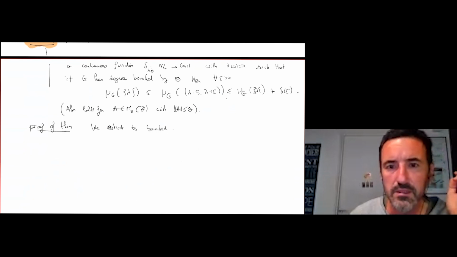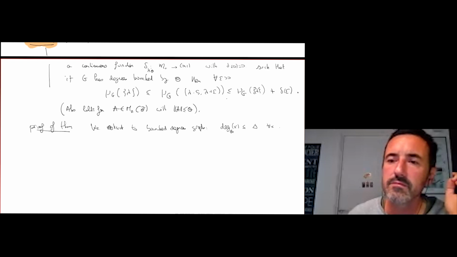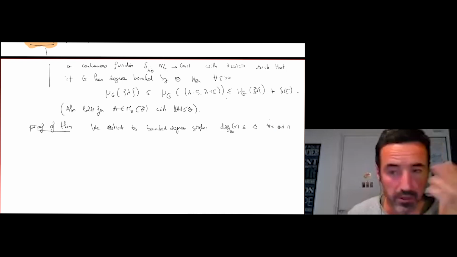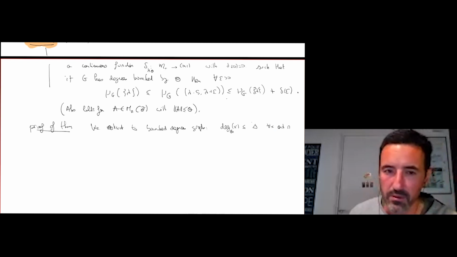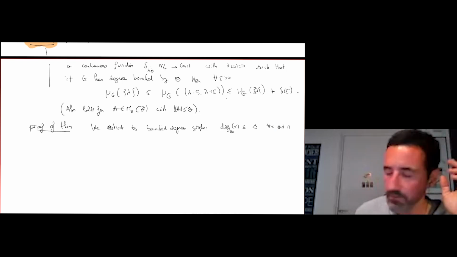I will assume that the degrees in G_n are bounded by delta for all x and n. The general case comes from a truncation argument, which I skip. You can find it in my notes.